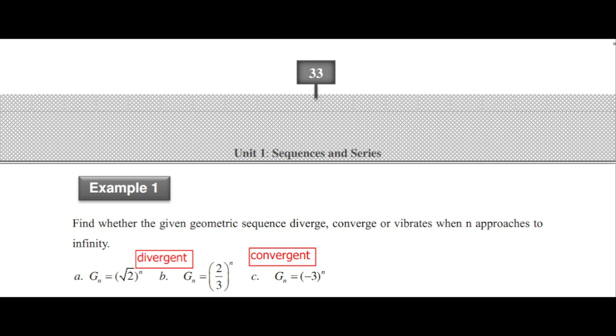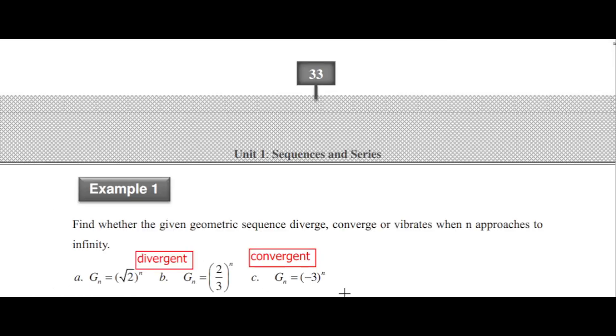This can be rewritten like this: minus 1 to the power of n times 3 to the power of n. Minus 1 to the power of n represents oscillation, or vibration. So this sequence vibrates or oscillates.